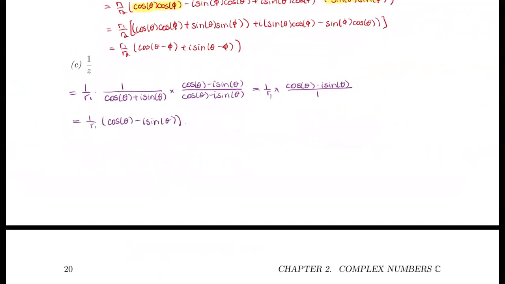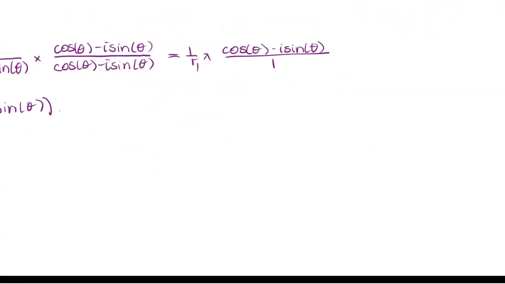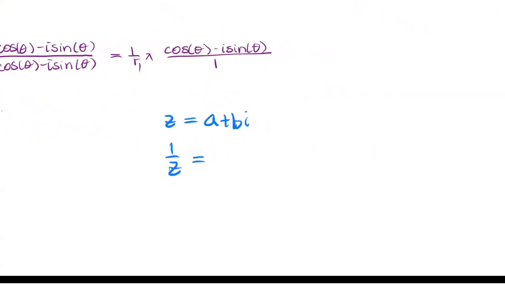Okay. So one thing before I actually move on is that, let's say we have an arbitrary complex number z. So say we have z is equal to a plus bi. If we want to find 1 over z, then we could go ahead and do 1 divided by a plus bi multiplied by a minus bi, so by their complex conjugate.